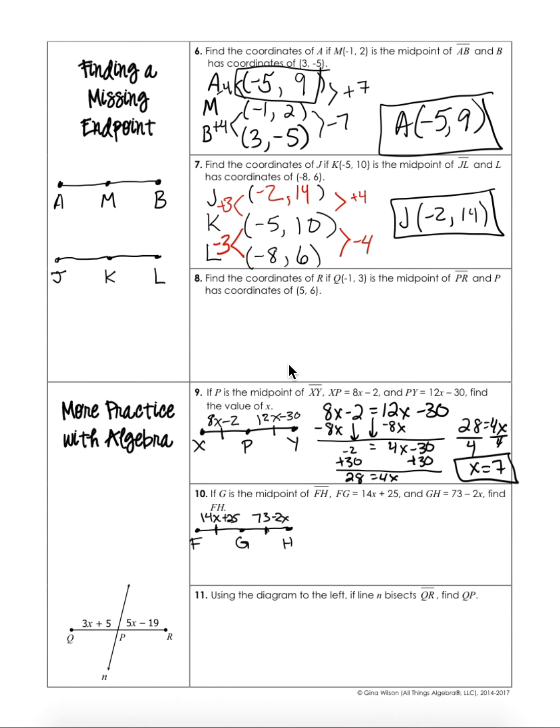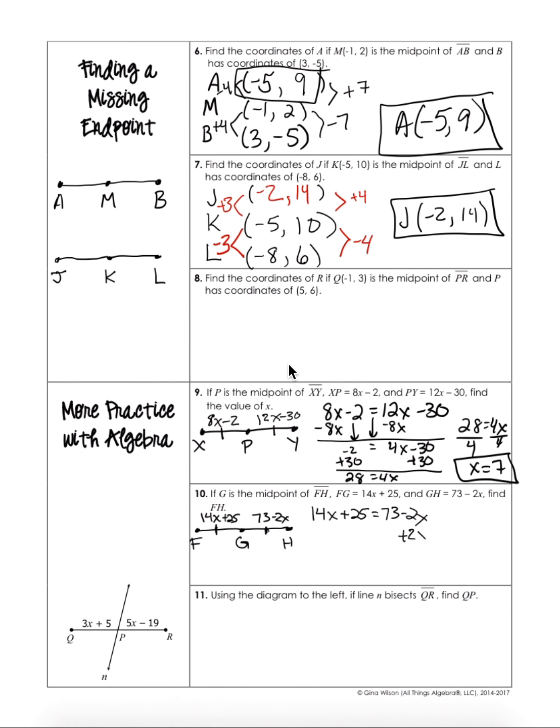We're going to figure out FH, but in order to do that, first we have to find x. If I just look at the parts with the x, I know they have to be equal because that was a midpoint. So I'm going to set up the equation: 14x plus 25 equals 73 minus 2x. First I'm going to combine the x's, and I'm going to move the smaller one, in this case the 2x.